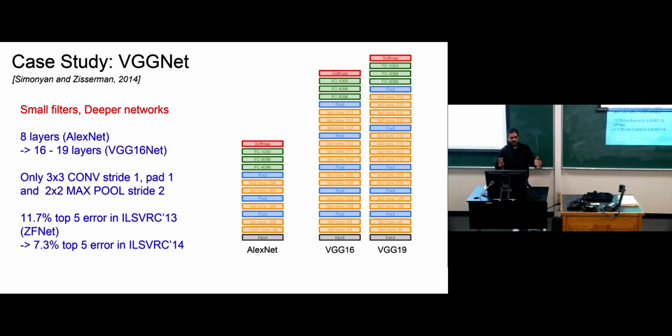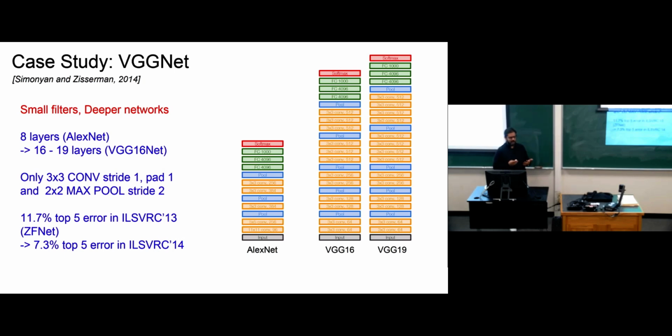It doesn't change the size of the filter for the entire network. And it always uses 2x2 max pool with stride 2. What it changed was just the depth of the network. So VGG16 had 16 layers, VGG19 had 19 layers. I think 16 was the one which performed the best. So it took the error to like 7.3%.